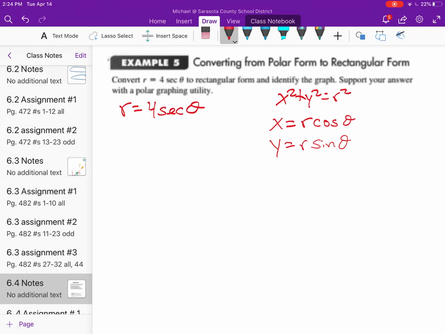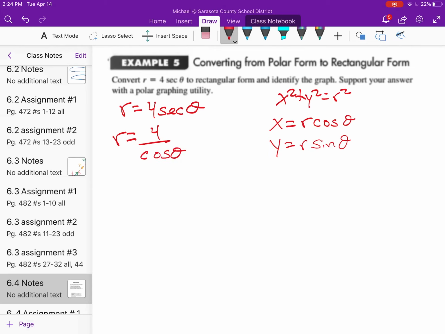What do we know? Well, I know that r equals 4 secant theta. Secant is the same thing as the inverse of cosine. So I can say right off the bat that r equals 4 over the cosine of theta.